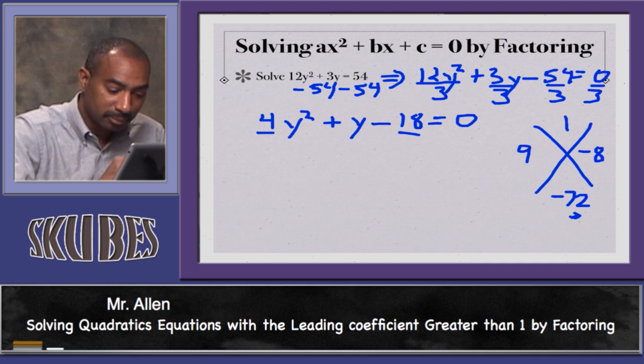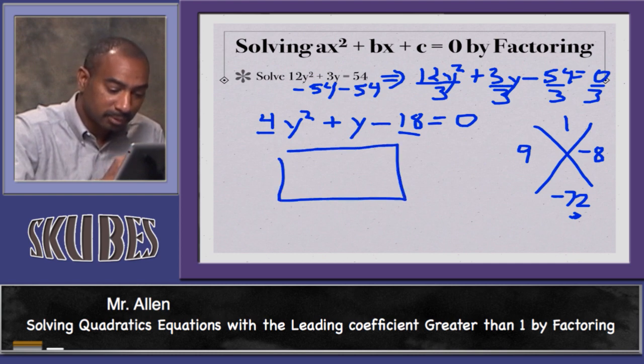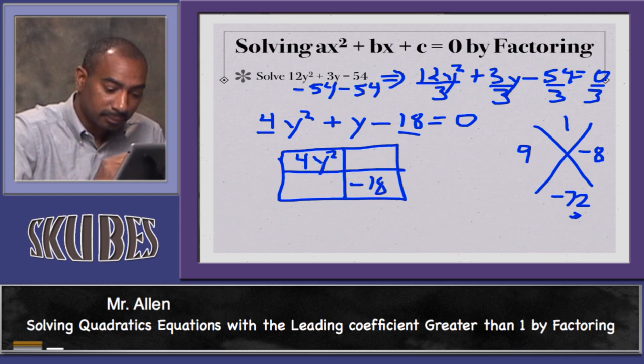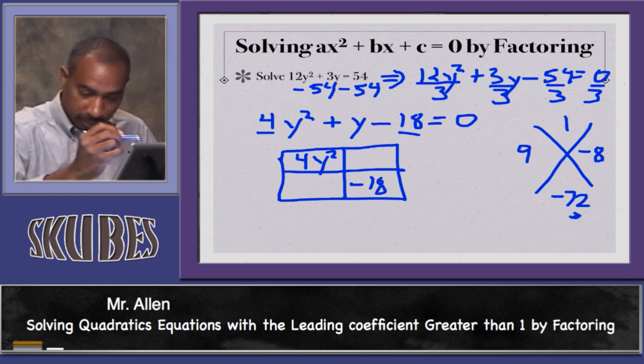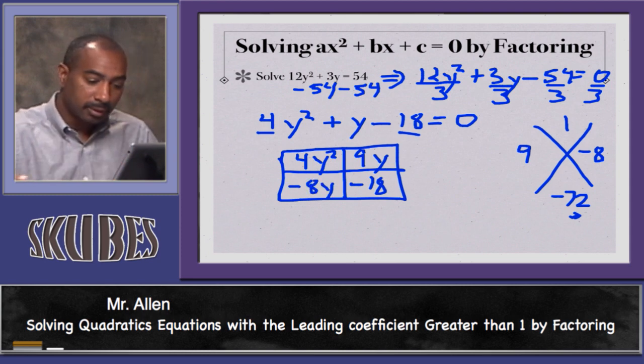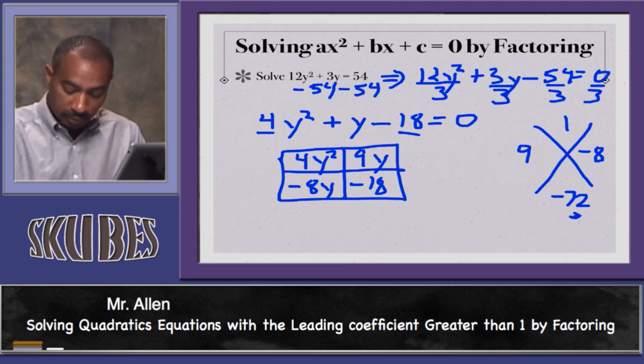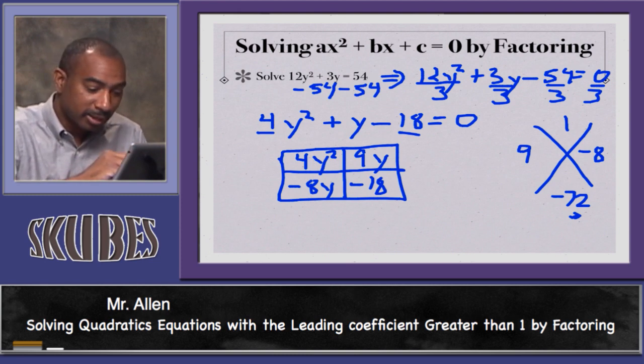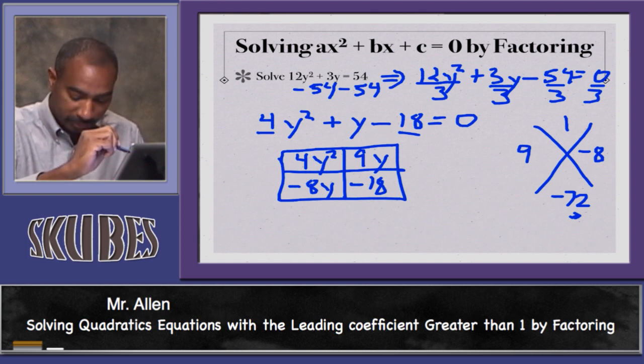Then I can go and make my area boxes. I can put 4y squared, I have negative 18, and I can put 9y and negative 8y. And then use the greatest common factor. You can go either way, by the way. I can get the greatest common factor of 4y squared and negative 8y and put that factor up here.